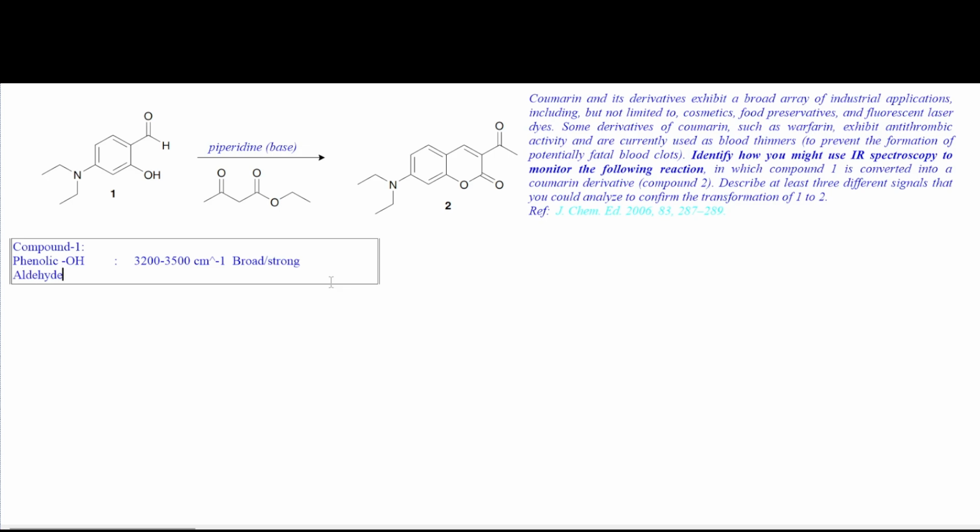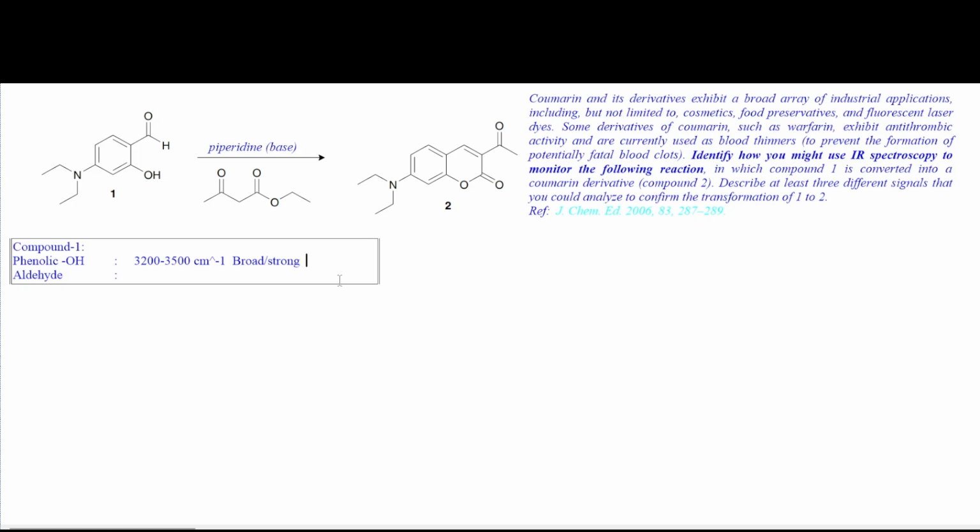Aldehyde generally comes somewhere around 1700 to 1720. However, here that aldehyde group is in conjugation with the phenyl ring or aromatic double bonds. So the frequency of that aldehyde group will be decreased a little bit. It will come somewhere around the carbonyl stretching frequency, so to say.